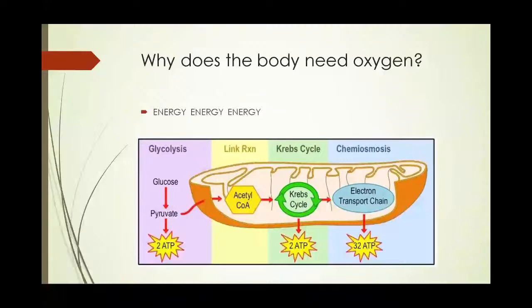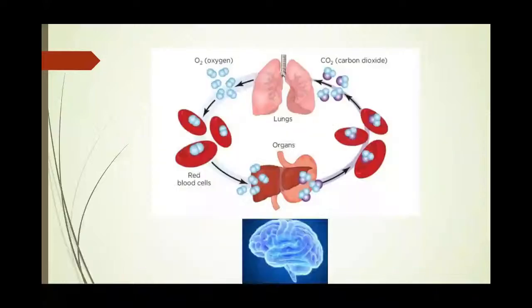If you can remember back to your biology days, you'll probably remember something about glucose getting broken down and taken to the mitochondria in the electron transport chain, which is where the bulk of the energy is created. And at that step, it's essential that oxygen is there for this to occur. We need this energy to maintain homeostasis and for the cells to live.